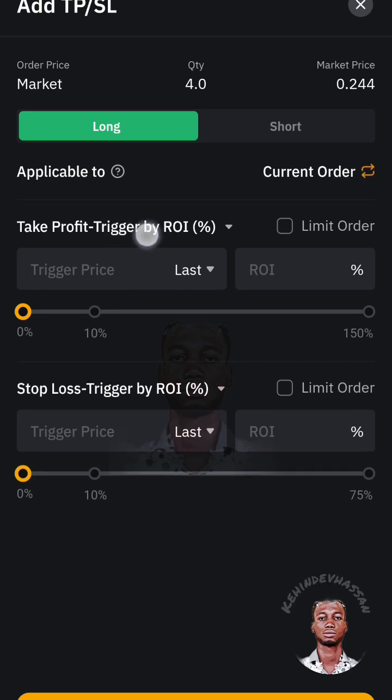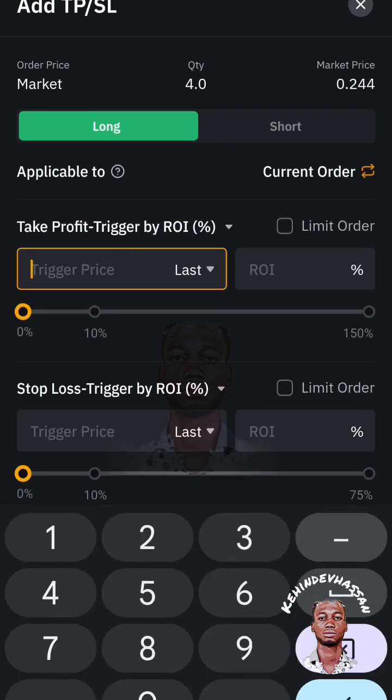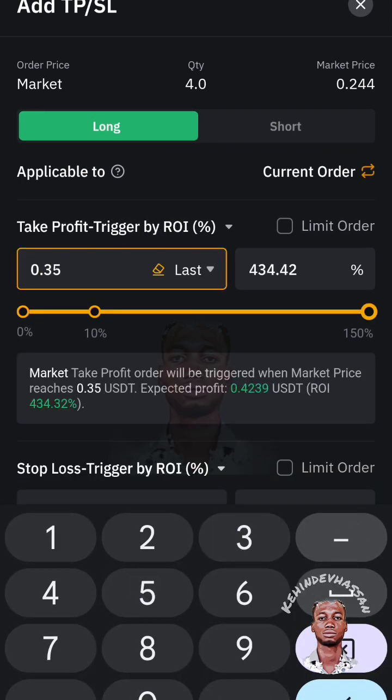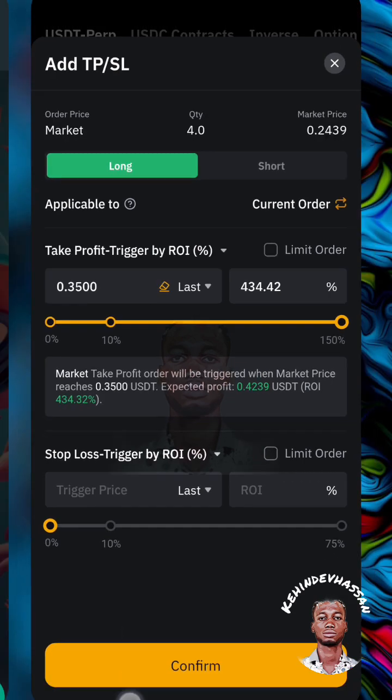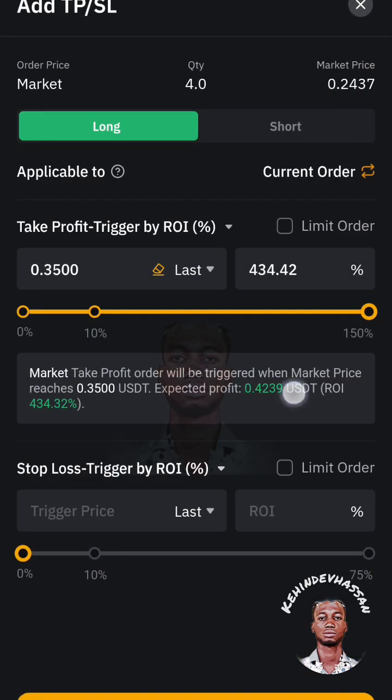As you can see here, take profit trigger. We are going to use 0.3500, and that gives us about 0.4239 USDT profit, which is 34.32% profit on a $1 deal. Remember, $1, which is proper risk management.